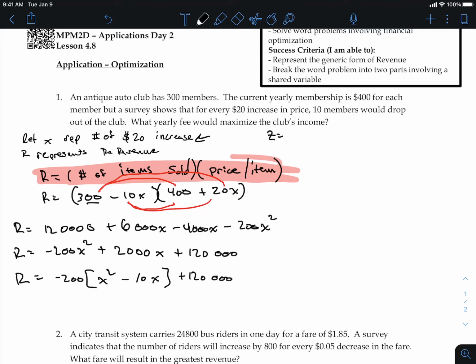Z equals negative 10 divided by 2, which will be negative 5. Squared, which is 25. So we're going to go back into the square brackets.